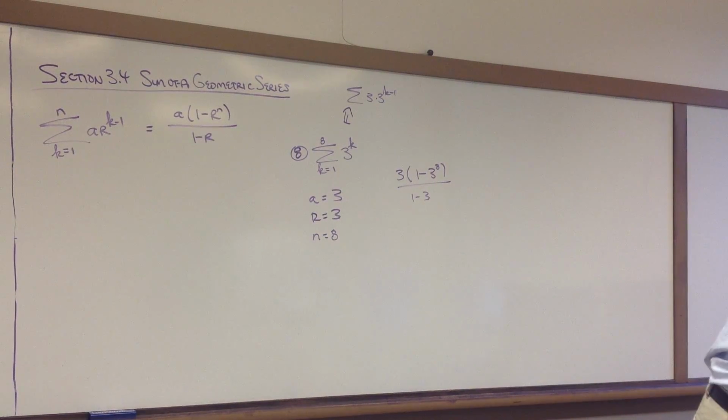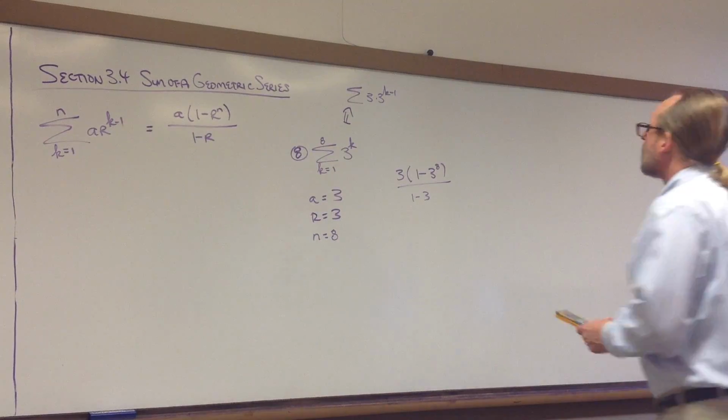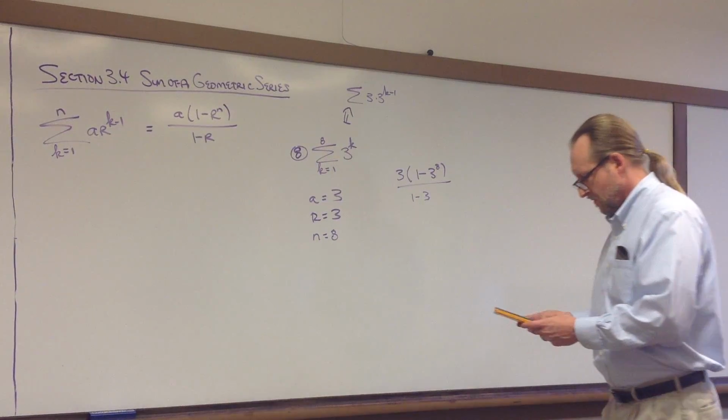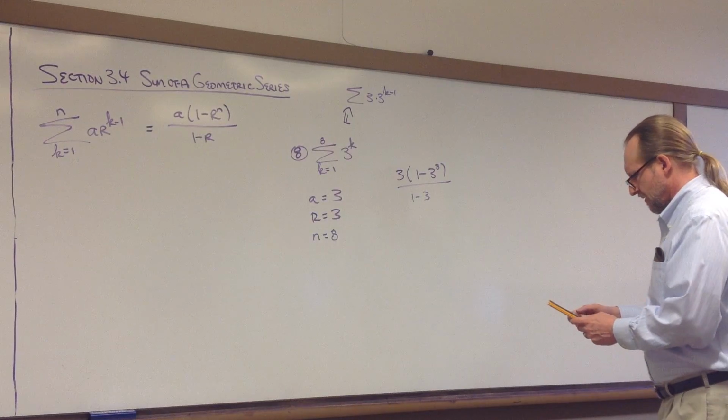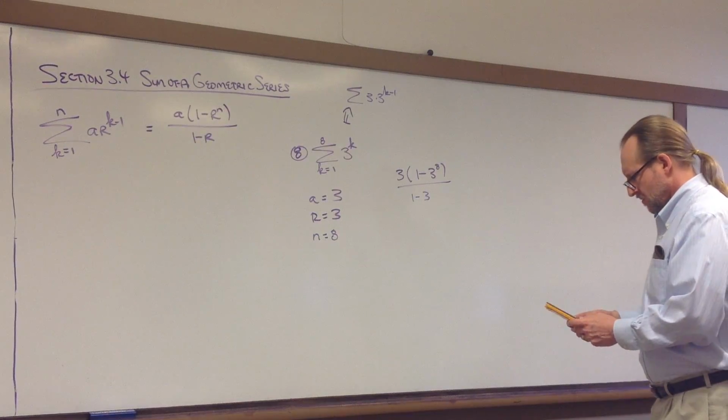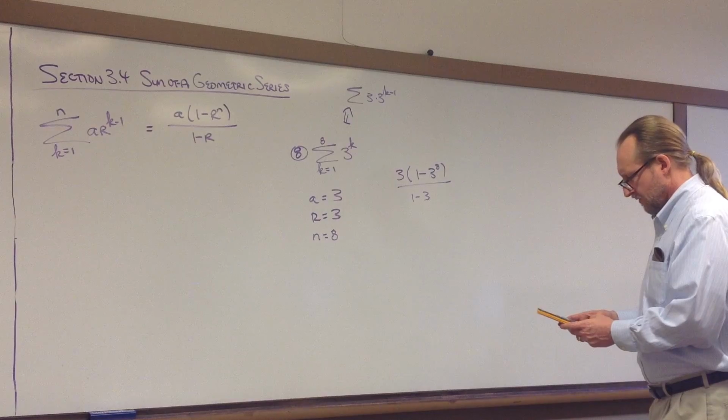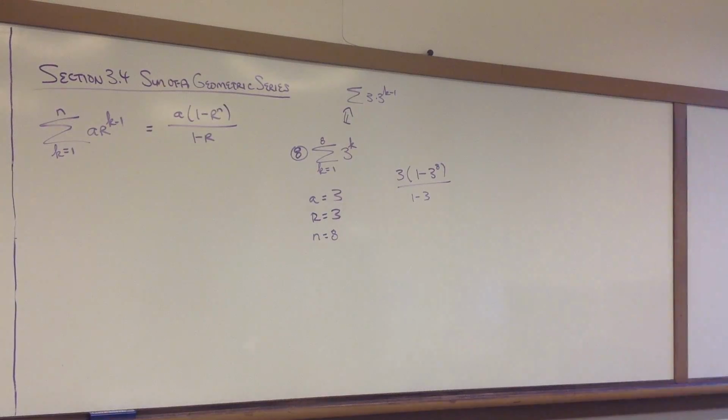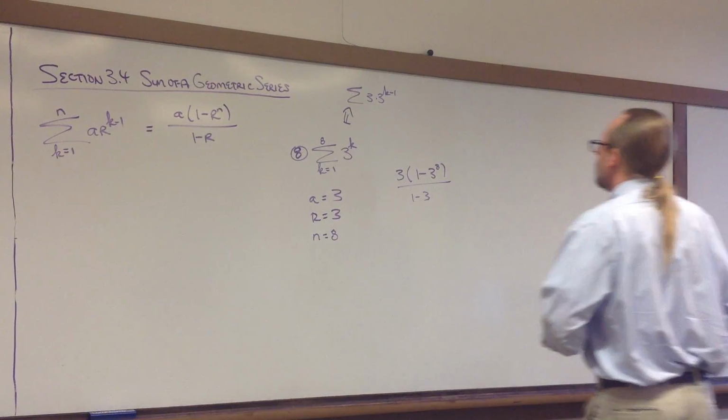So let's see what we get here. 3, 1 minus 3 to the 8th. Okay, and then we'll divide that by negative 2, 9,840.